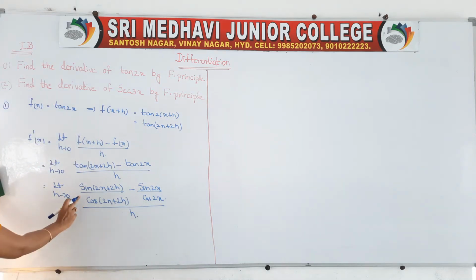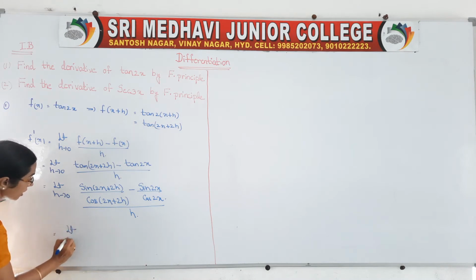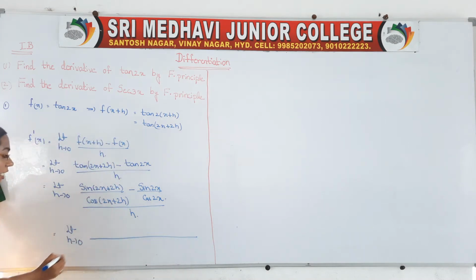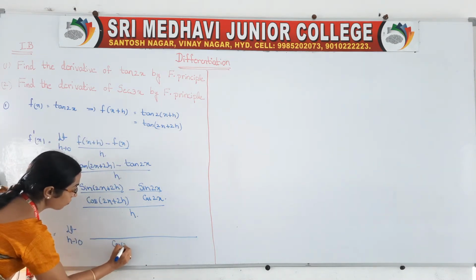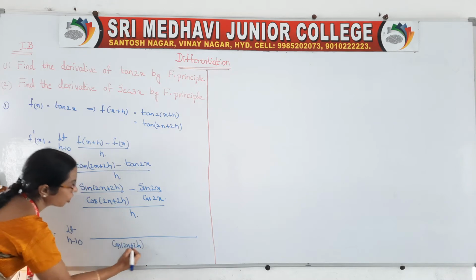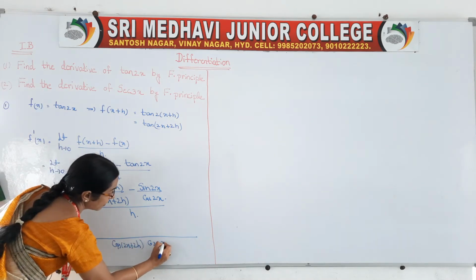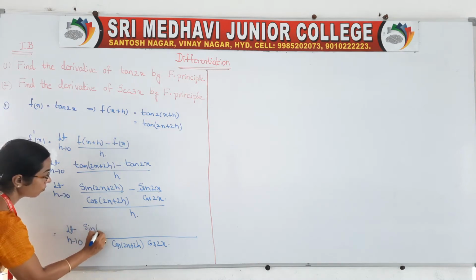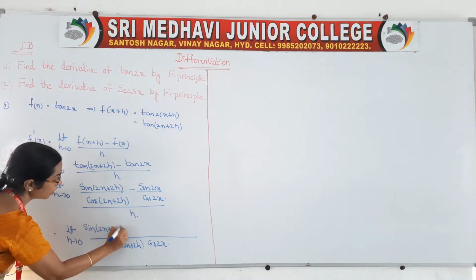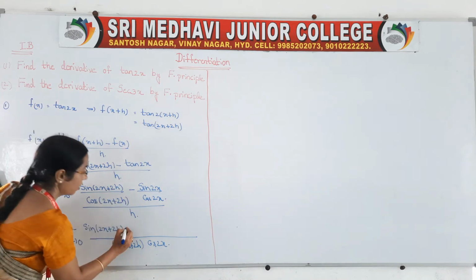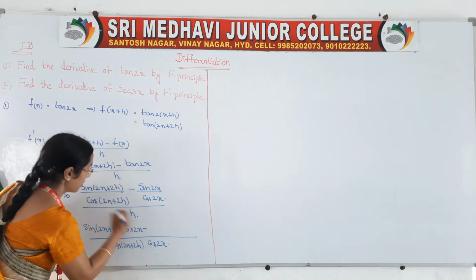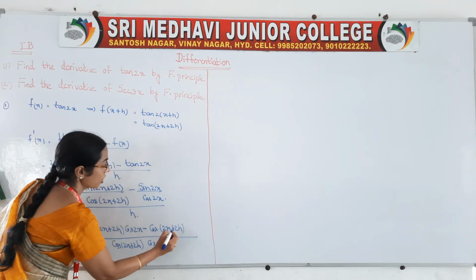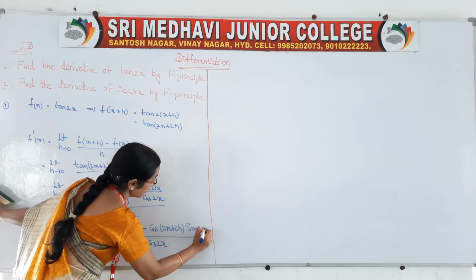Take the LCM. If we take the LCM, what happens? The denominator is cos(2x plus 2h) into cos 2x, and upwards we will have sin(2x plus 2h) into cos 2x, minus cos(2x plus 2h) into sin 2x.